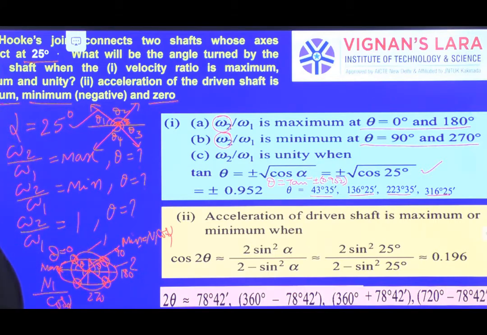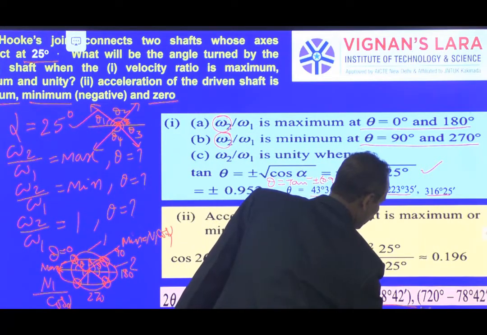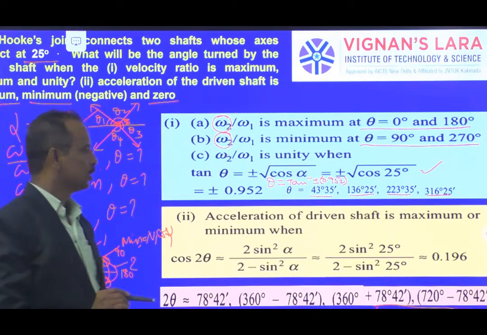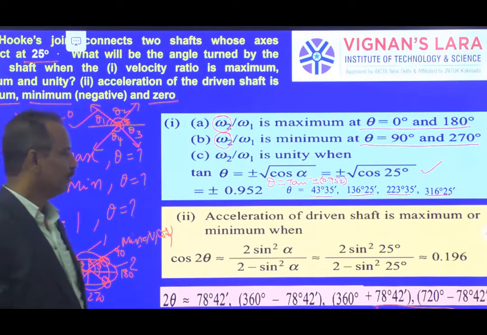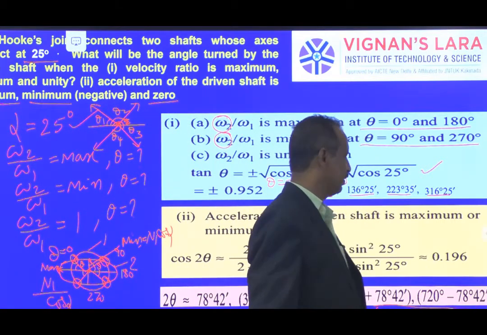When omega 2 by omega 1 is maximum and minimum, that is at theta 0, theta 90, theta 180, theta 270. That is what I have written here in the statement. So acceleration is 0 when theta is equal to 0, 90, 180, 270.